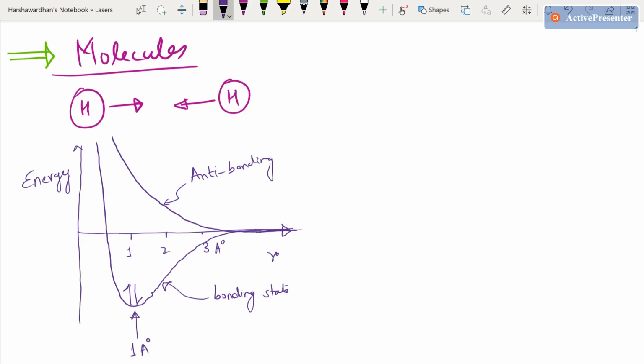Now one can talk about these molecules themselves. The simplest model is that of a dumbbell, right? Because these molecules are now confined to remain under the influence of the Coulomb interaction between the electrons and the nuclei, which is keeping it all together.